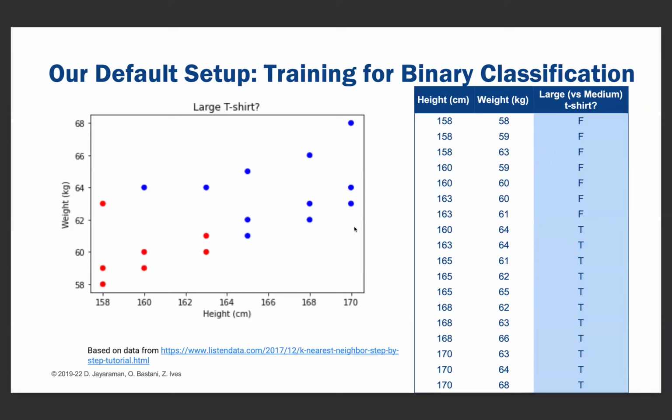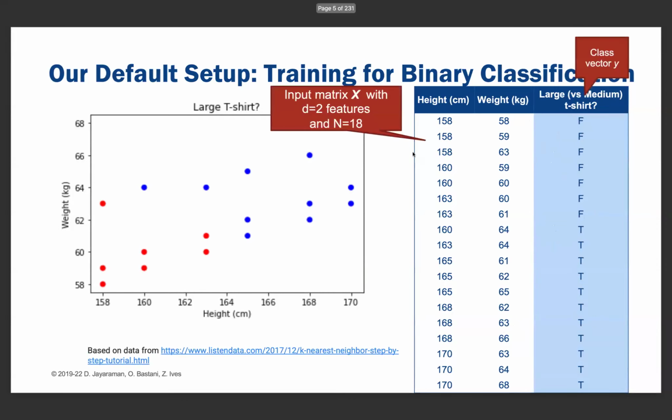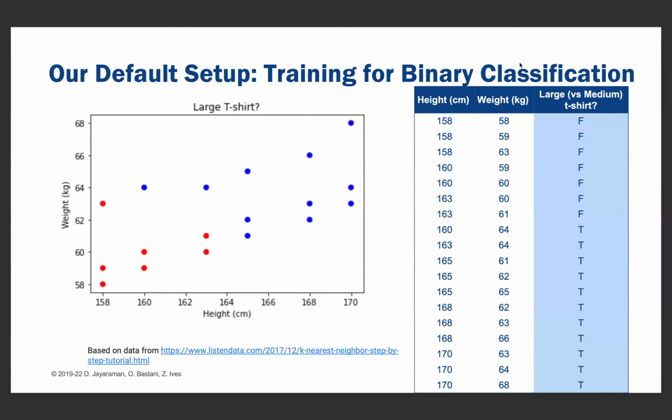If we plot the height and the weight, and whether the person needs a large t-shirt or not, the red dots are no and the blue dots are yes. We have an input with two features, height and weight. We have some entries, and in this example, if it was a CSV file, I think there were 18, and we have yes or no answers.